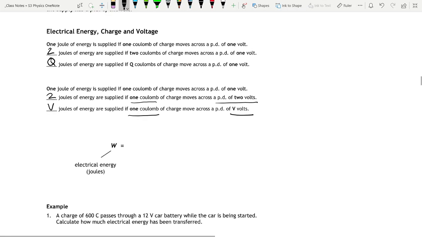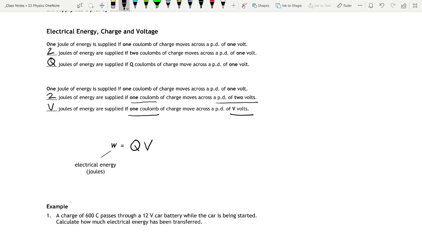So, in summary, the amount of energy is equal to the amount of charge, so the number of people running past me, times the amount of sweets that I'm giving out, the amount of energy given to them. So the electrical energy is the charge times the voltage.